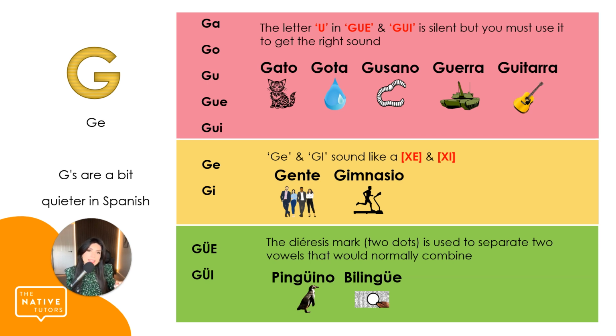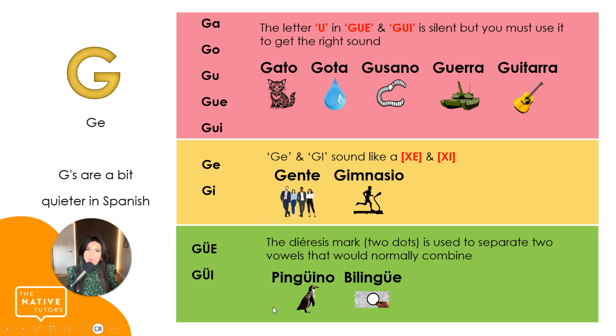What it means is that it separates the U from the E, and in this instance, you do have to pronounce the U. Here I told you just say ge, but here you have to pronounce it and say gue, gui.